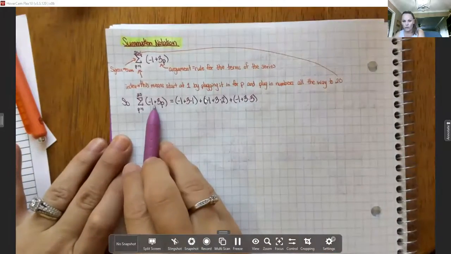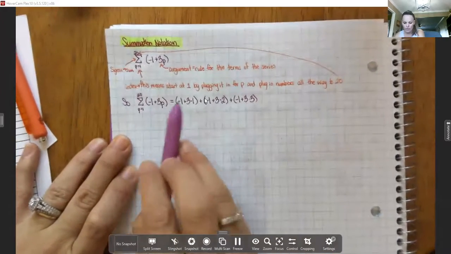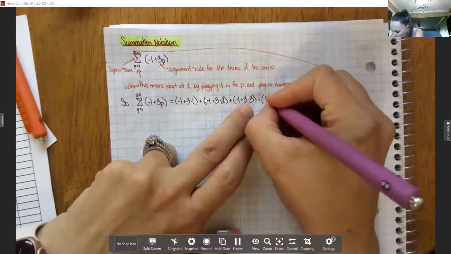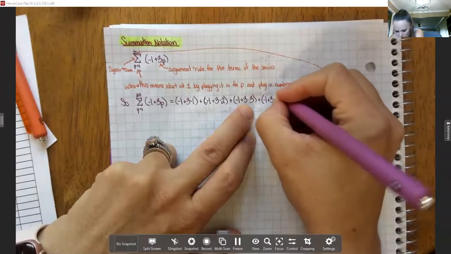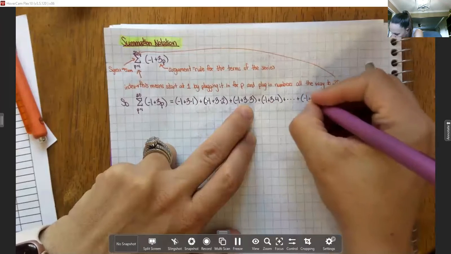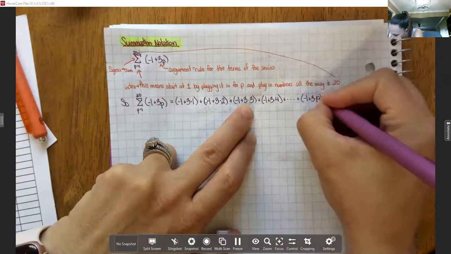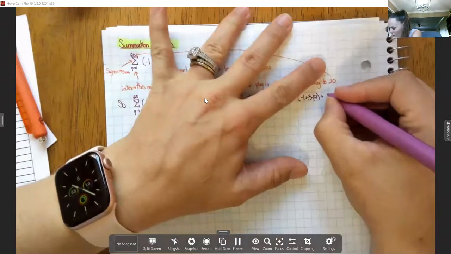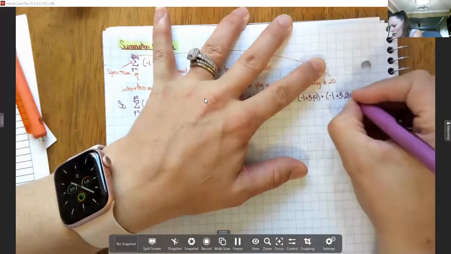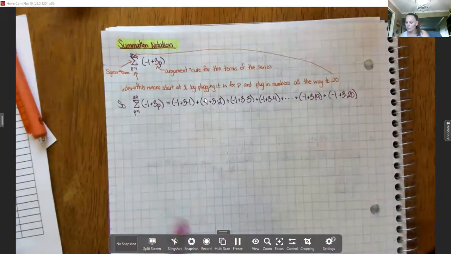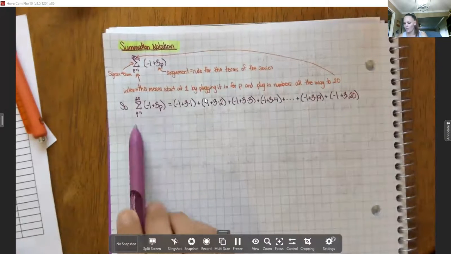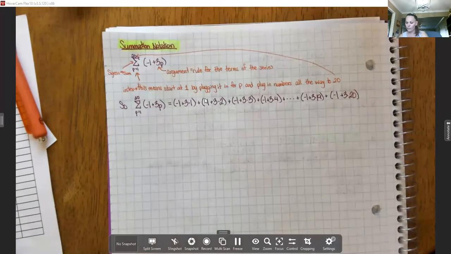So I just take this whole thing, I plug in 1, then I plug in 2, then I plug in 3, then I'm going to plug in 4, and I keep going. I'm going to end up plugging in 19, and then my last term I plug in will be 20. So that's what this means. You take 1 and plug it in, then you plug in 2, then you plug in 3, then 4, and so on.